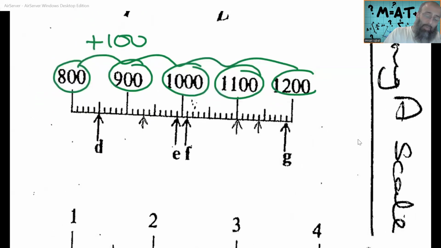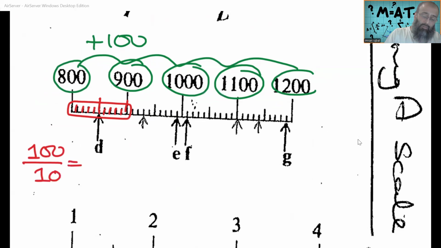Again, we look at how many little segments we have here. We have 1, 2, 3, 4, 5, 6, 7, 8, 9, 10. 10 little bits. So we have the 100 on the top divided by the 10 little increments, which gives us 10. So now we're not counting in 0.1s or ones, we're counting in tens.